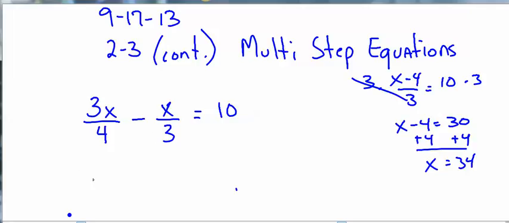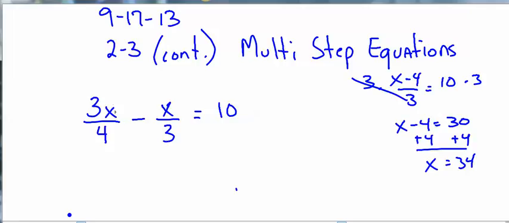Right now, since these values are pretty small, what do you think you could multiply both sides of the equation by to get rid of a 4 and a 3? 12. Why? Because they both go into 12 evenly, and they'll cancel out, won't they?